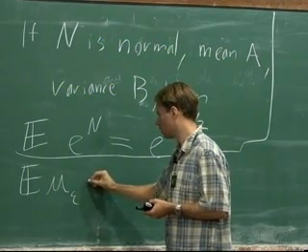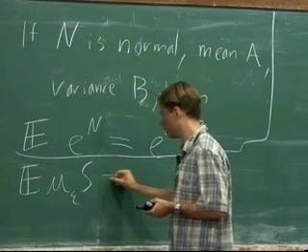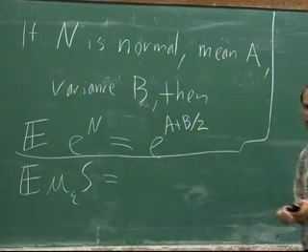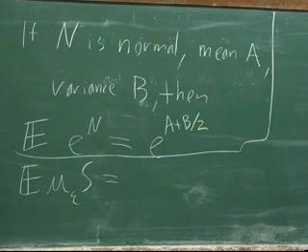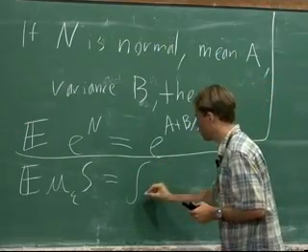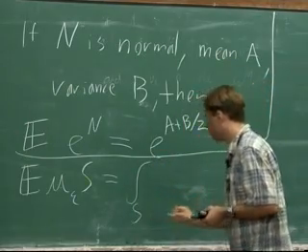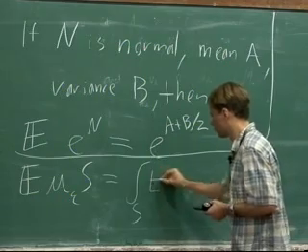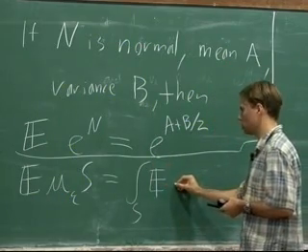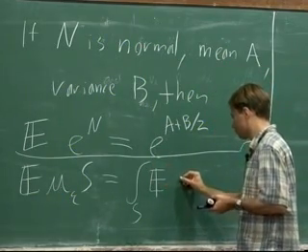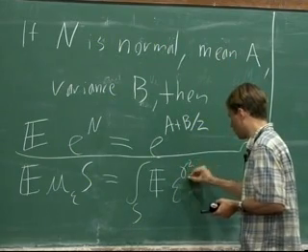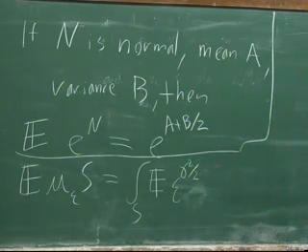Let's call this set S. What is that? Well, it's going to be equal to the integral over S of the expectation of epsilon to the gamma squared over 2 times, well, what?